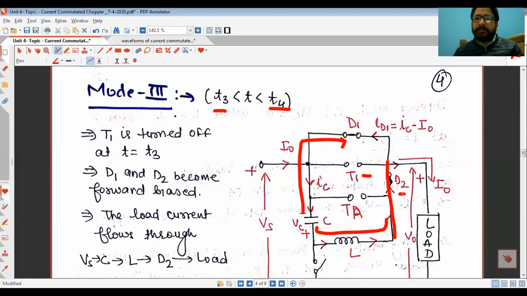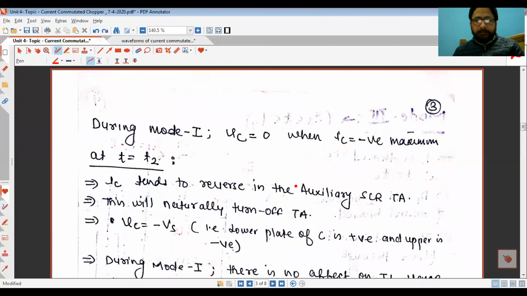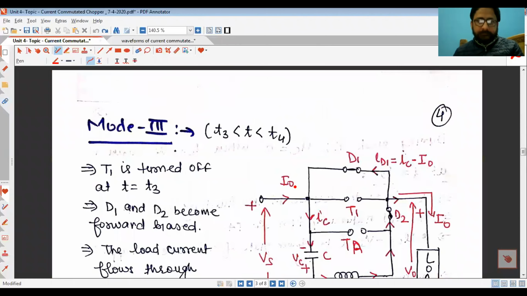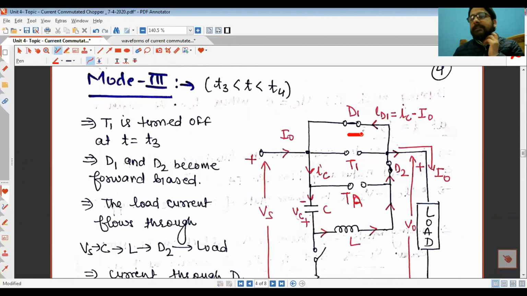This diode was connected like this, cathode on the supply side and anode on the load side. So this becomes positive, this becomes negative. So this diode starts conducting.